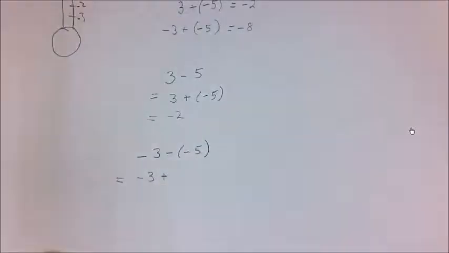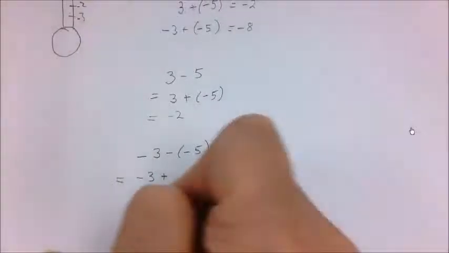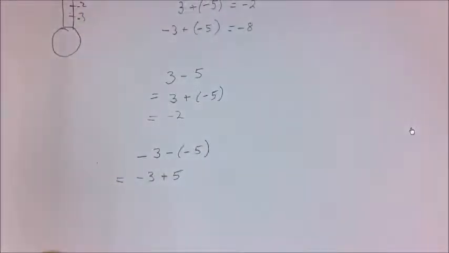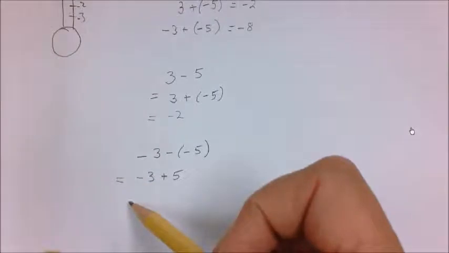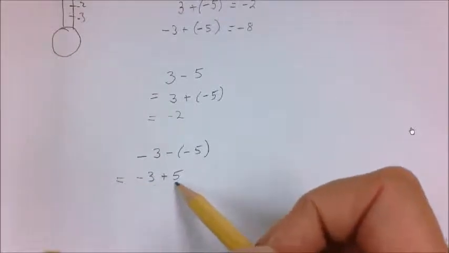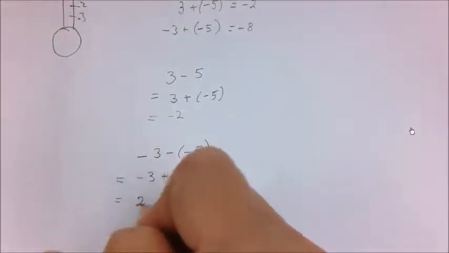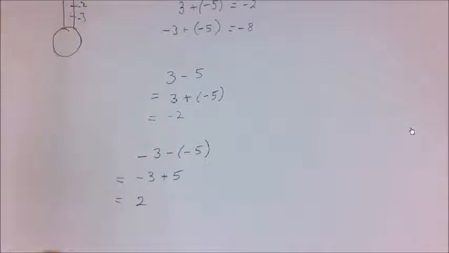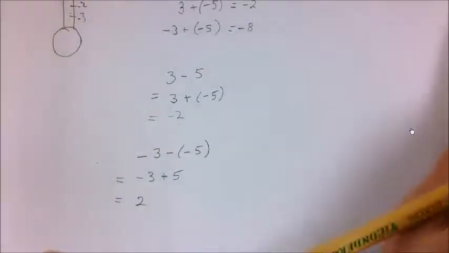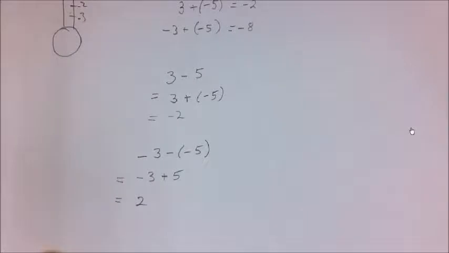The opposite of -5 is 5. -3 plus 5 means you're starting at temperature -3 and going up 5 degrees, and you end up at 2. And that's addition and subtraction. So be very careful with that two negatives make a positive rule, because it does not apply here.